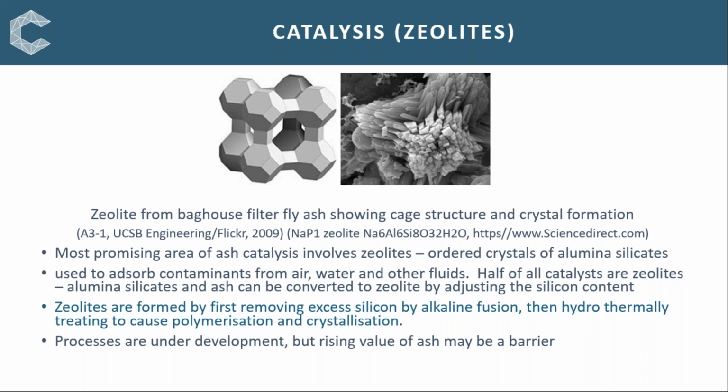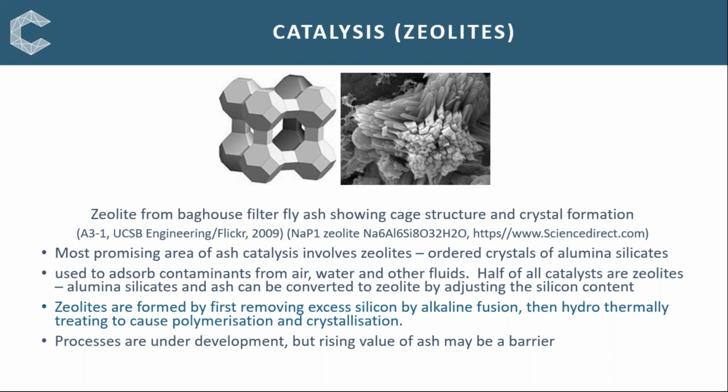These form about half of all catalysts and are an important potential application of fly ash. The alumina content tends to be a little low, so the main processing step to convert it to zeolite is alkaline fusion to remove some silica, and that's then followed by polymerization and crystallization of the zeolite.